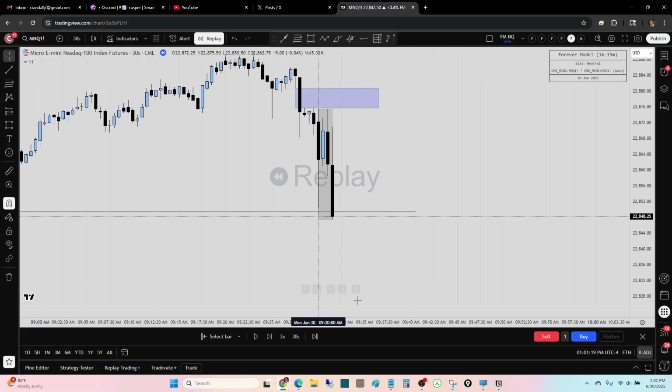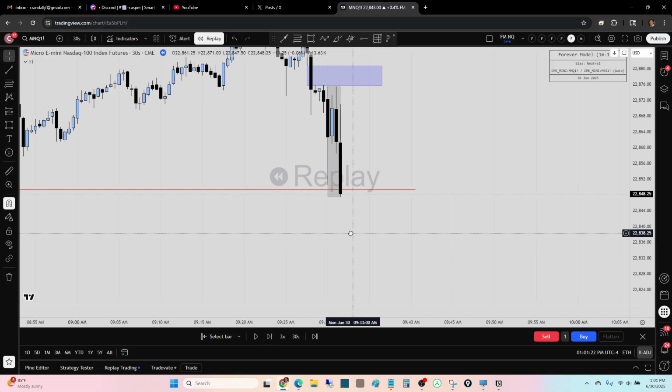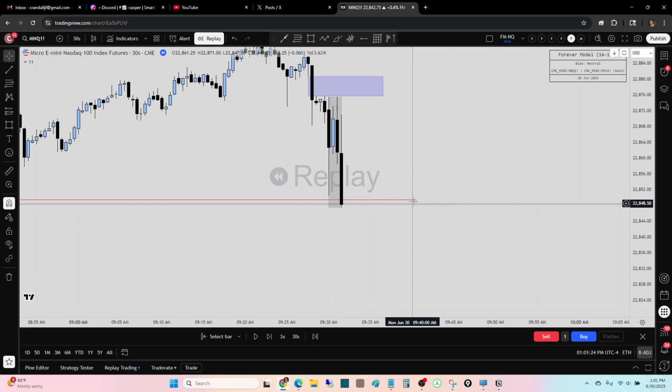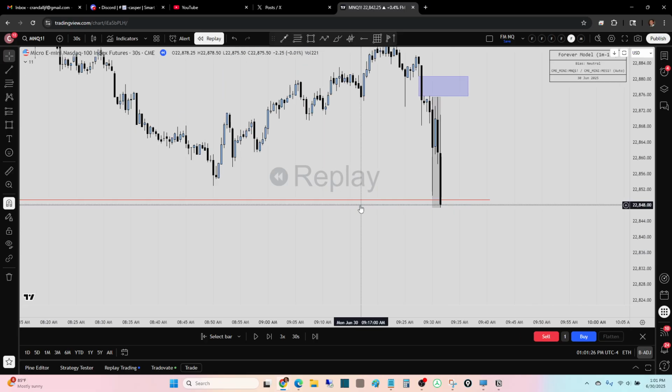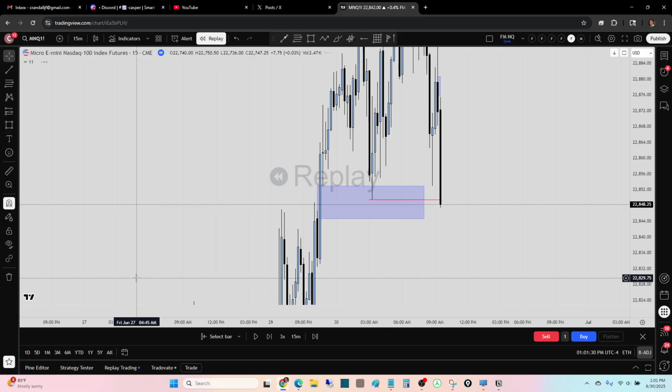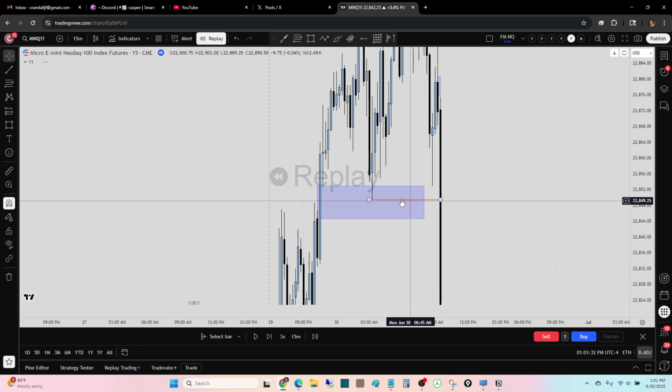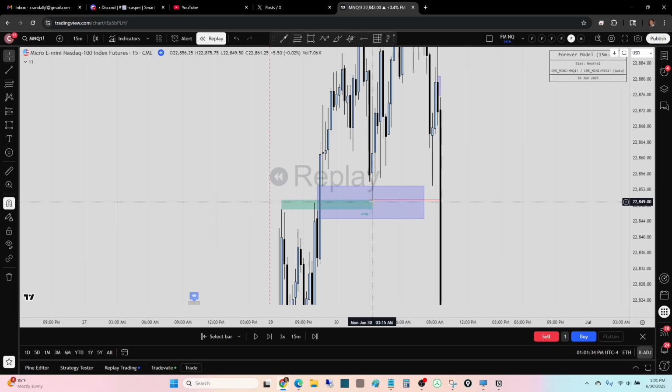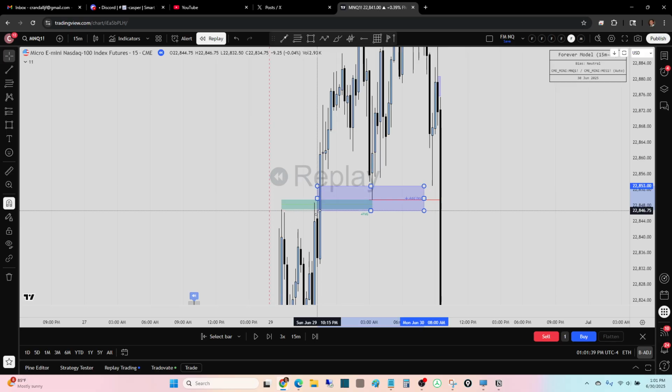Okay, so here's where I ran into problems. So right away we get this. This was a 15-minute level I had marked out. You can see there it's a 15-minute low that I had marked out, and the 15-minute fair value gap was not tagged.